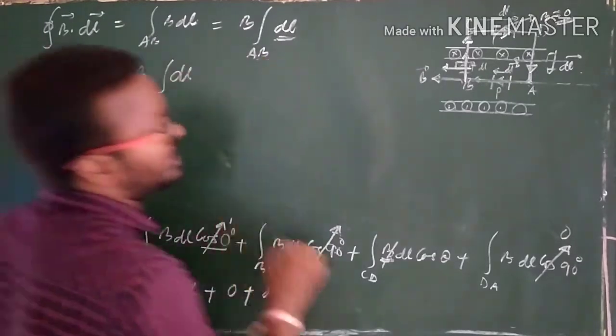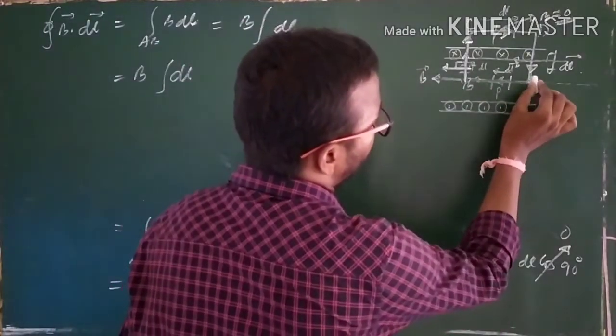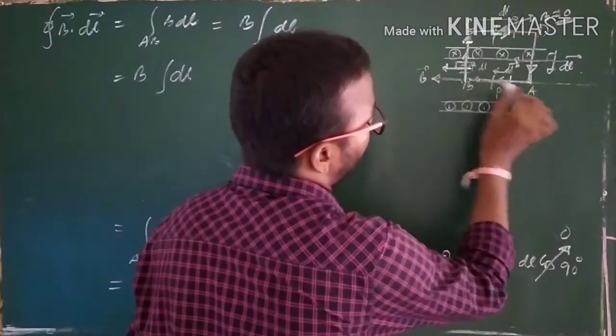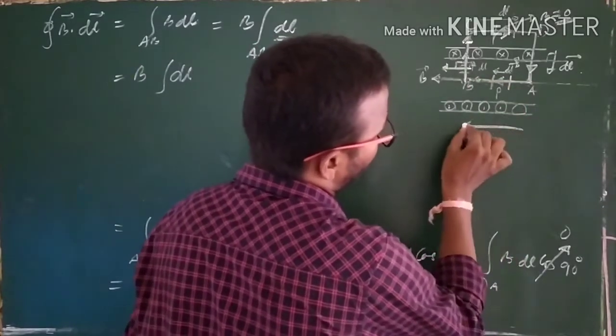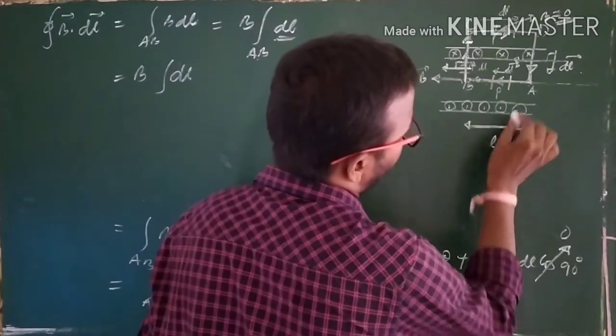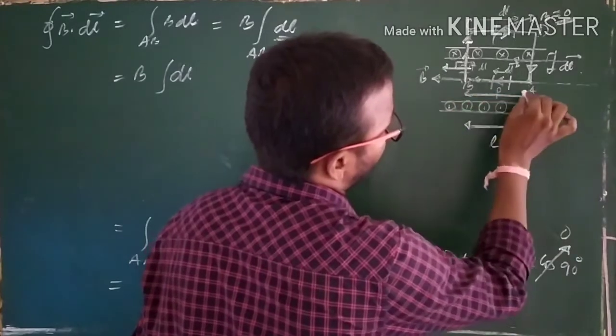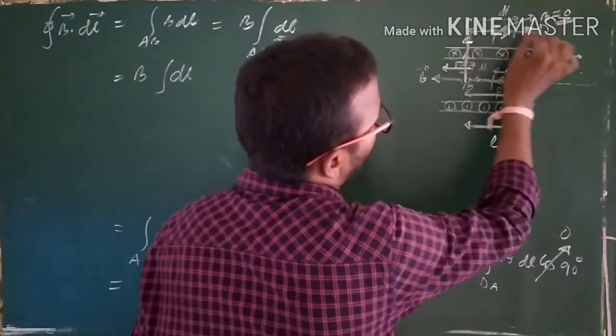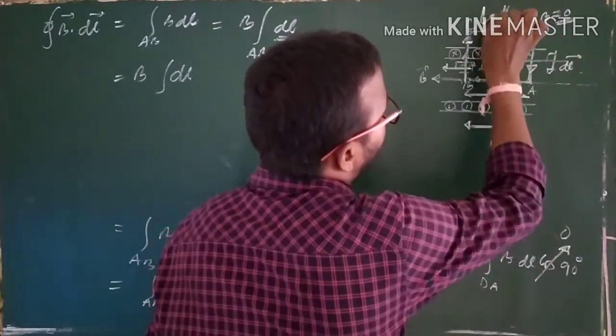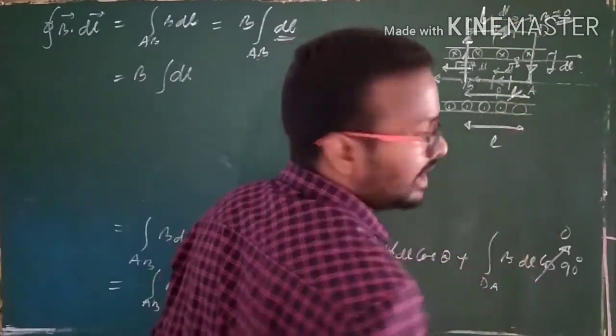What is A to B? Suppose the length of the Amperian loop from A to B is L. A to B length is L, C to D is also length L. Clear?